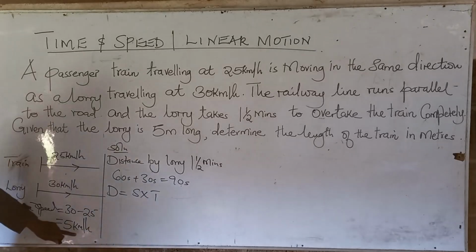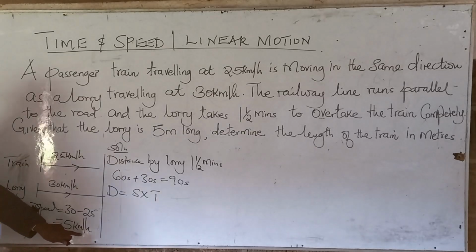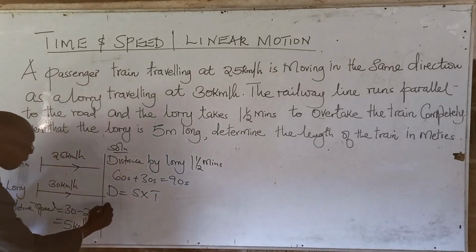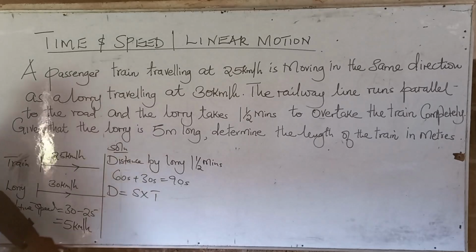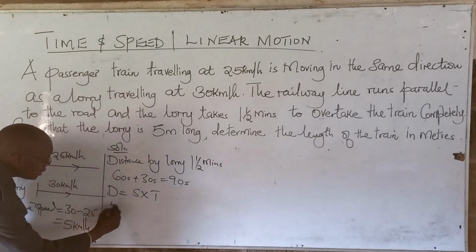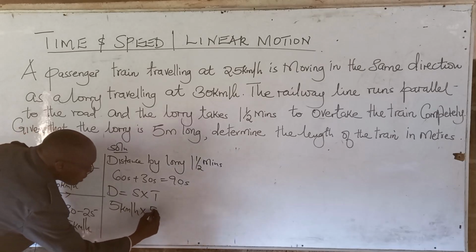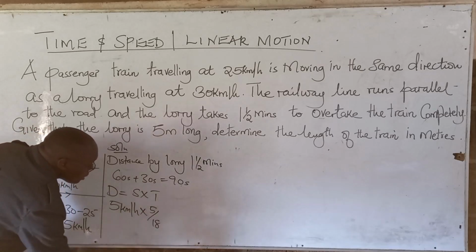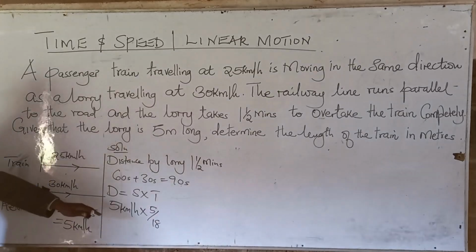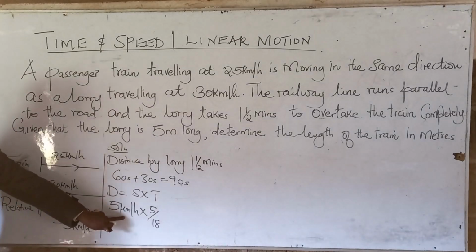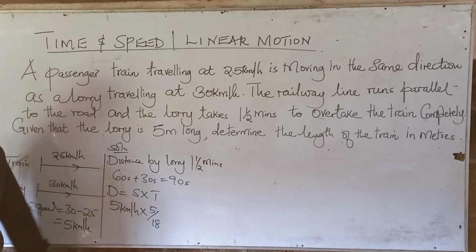So I will convert 5 kilometers per hour to meters per second. There are several ways of converting these, but the easiest one is you simply take 5 kilometers per hour and multiply it by 5 divided by 18. This method works for every time you want to convert kilometers per hour to meters per second.